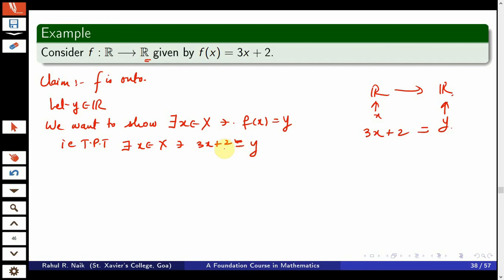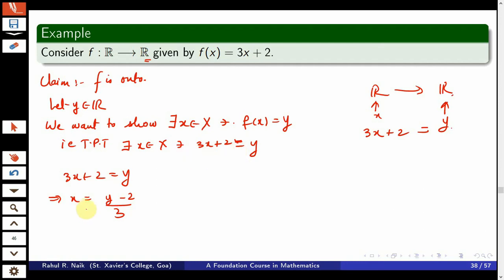Okay. So, now you just evaluate that x can be in terms of y; it is dependent on y also because y is the first choice of real number. So, whenever 3x plus 2 is equal to y, this implies that x is equal to (y minus 2) upon 3. So, we want x in such a way that it satisfies this equation.